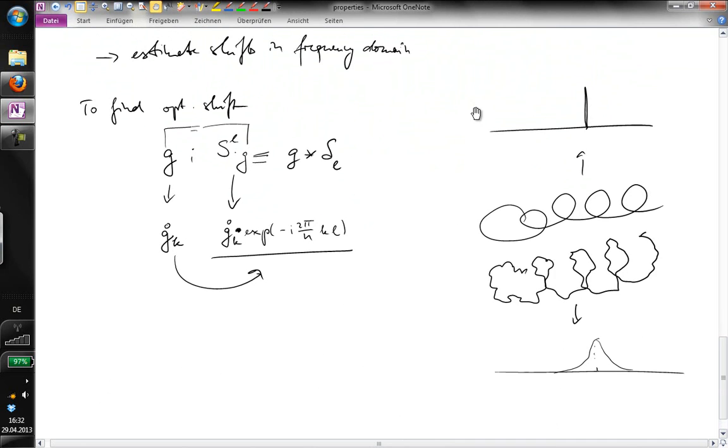So maybe one more application of this is when you want to transmit a radio signal. So let's say you have a speech signal, and this is its power spectral density. Probably your radio moderator won't talk ultrasound. So let's say the spectral density may look something like this.